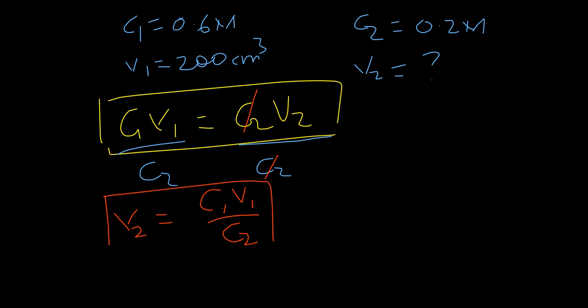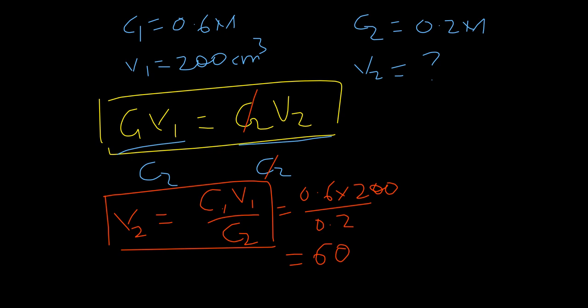Now we just substitute at this point. C1 is 0.6 times V1 of 200 divided by C2 of 0.2. So when you solve for this maths, what are you going to get? 0.6 times 200 divided by 0.2 will give us 600 cm cube.